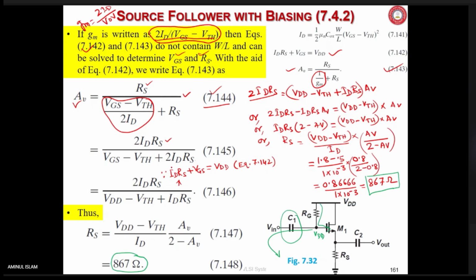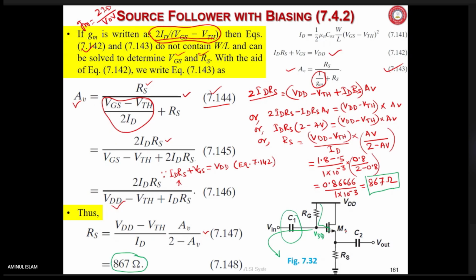So out of the 2 IDRS, one we have taken, and we are writing this thing: VDD is IDRS plus VGS. We have written this. So now from here we get the RS value. RS equals (VDD minus VTH) by ID into AV by (2 minus AV).